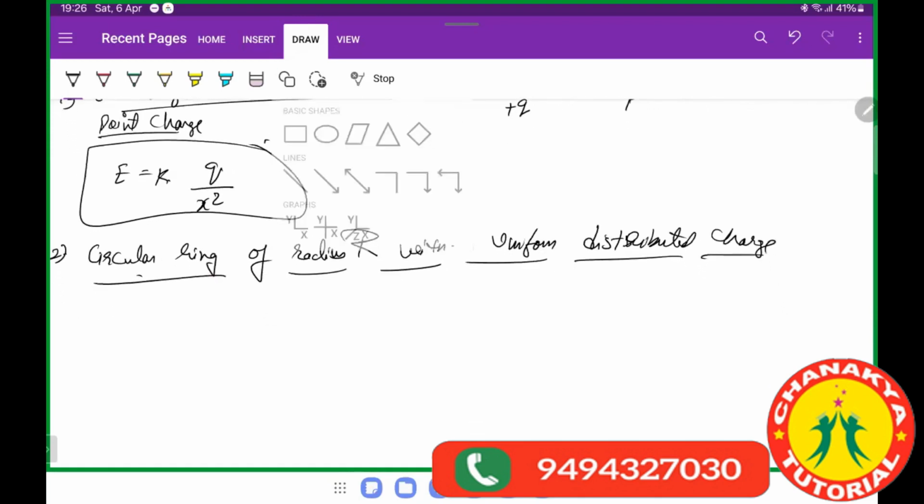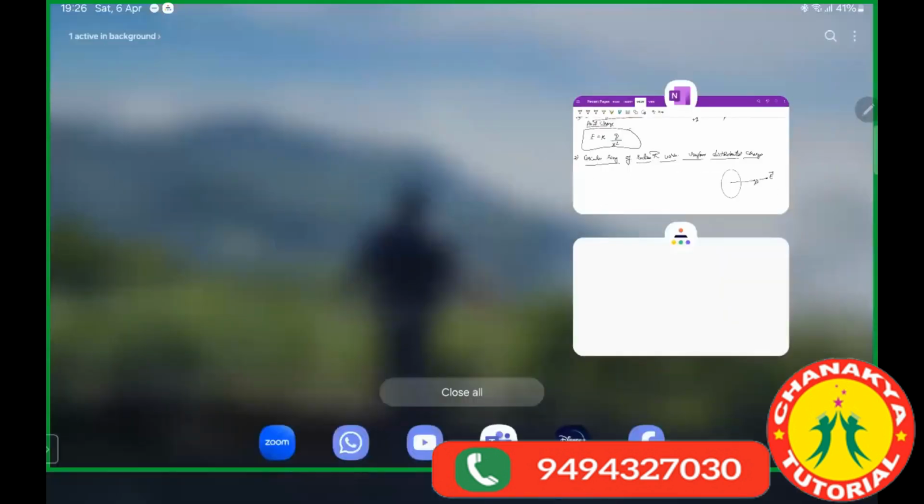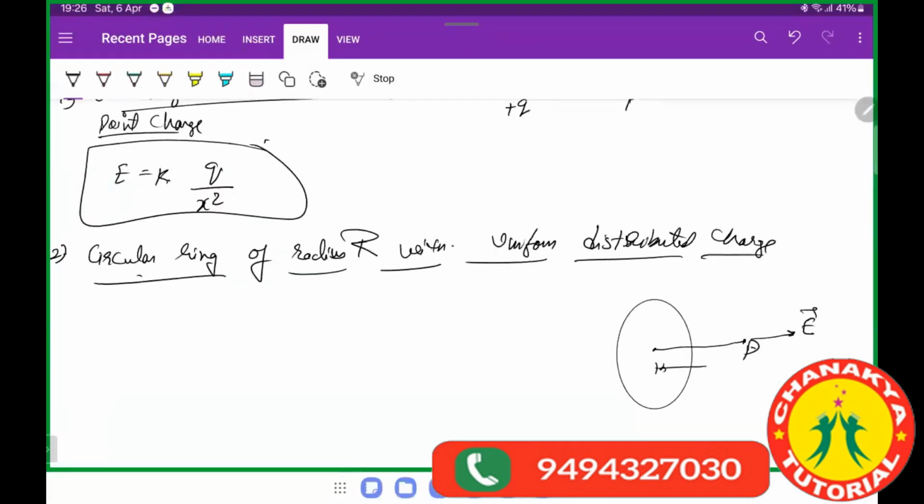Let me draw a ring here, with the center here, and this is point P. The electric field E is at the same distance x.